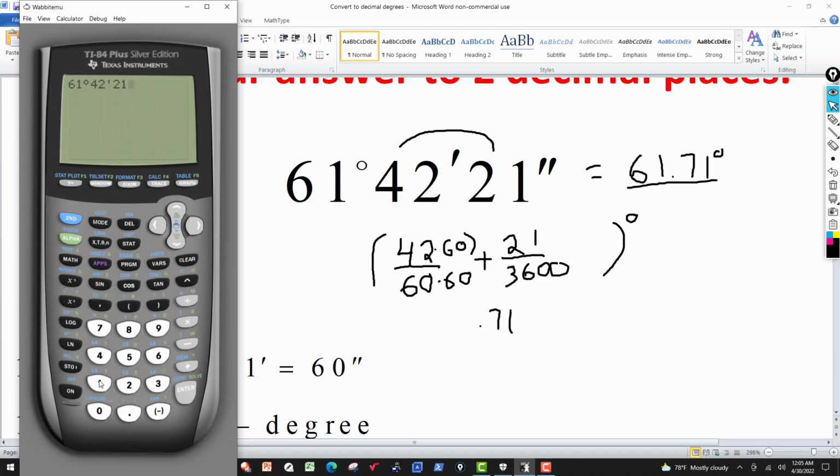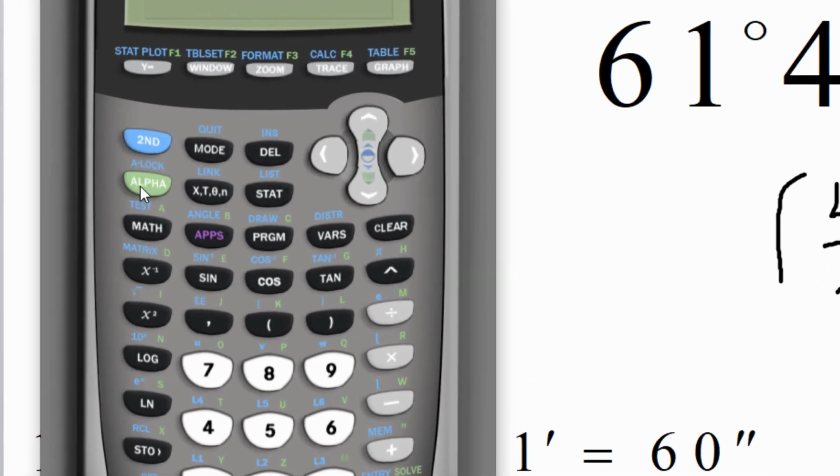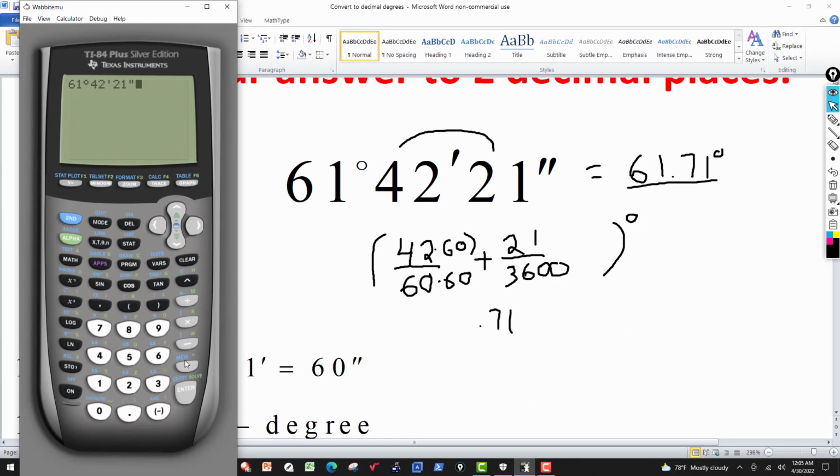And on this particular calculator, I have to hit the alpha key and the plus sign. It's alpha and plus. So 61 degrees, 42 minutes, 21 seconds. In terms of a decimal, hit enter, and there you have it, 61 point, to 2 places, 71.